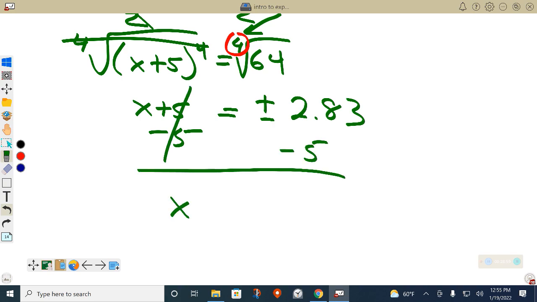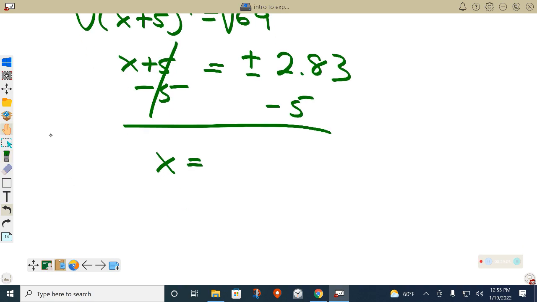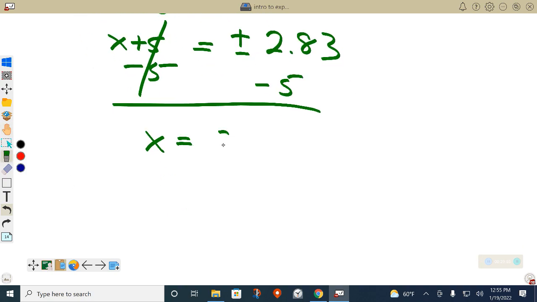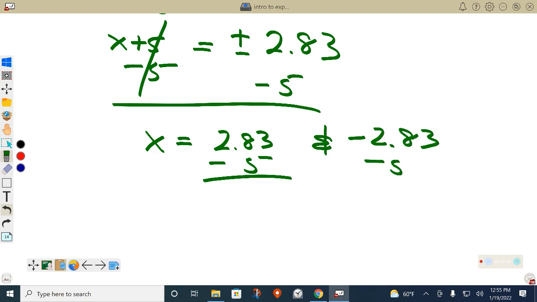X is equal to negative 2.83 minus 5, and positive 2.83 minus 5. I'm going to have 2 answers, because remember, I got the positive and negative 2.83. In other words, 2.83 minus 5 is going to be one answer, and negative 2.83 minus 5 is going to be your second answer. We got to get it right. We got to get both answers.